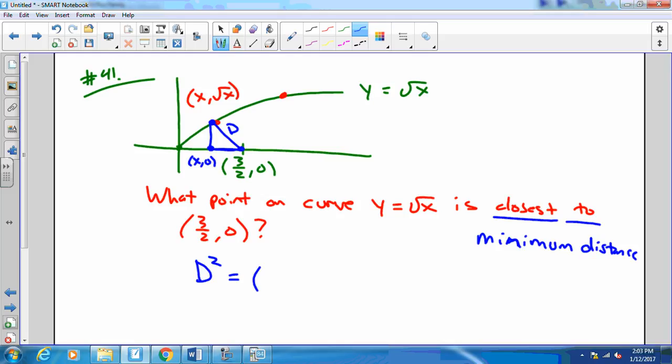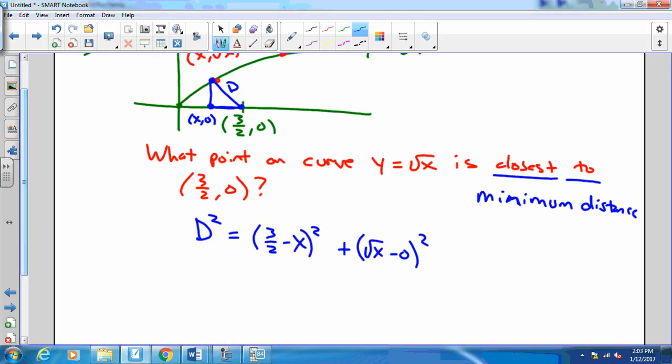So I can say that the distance squared is equal to the difference in x's squared plus the difference in y's squared. Now here's the interesting thing. I'm trying to minimize distance. It turns out that if I minimize distance squared, I will get the exact same point, but I don't have to worry about any square roots.